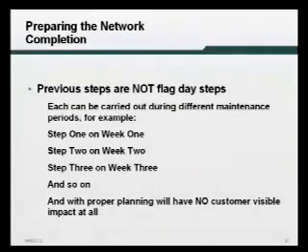And that's it. Again, these previous steps aren't really major flag dates, but they should be done during the maintenance period. I suppose step 3 and 4 is the big one where you're removing the redistribution from OSPF. But again, on the networks that I've worked with where I've done this, it hasn't been much of a major incident at all. As long as you give enough time between each step, it just works.